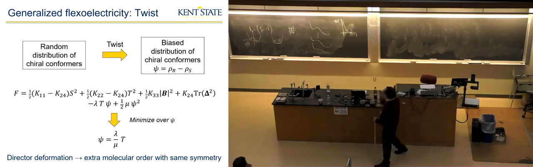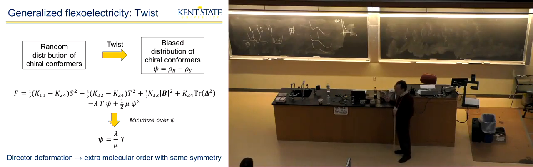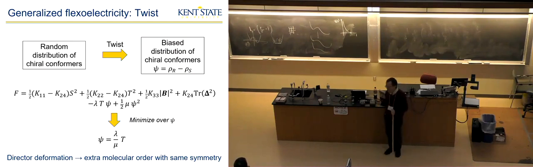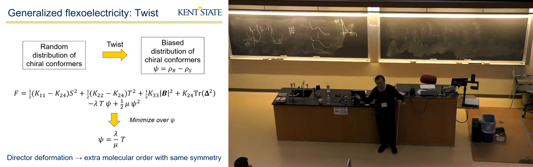Okay. So suppose you apply a twist deformation. Maybe you're starting with a system that has a random distribution of chiral conformers, right? So you have molecules. Maybe the molecules are not chiral the way an organic chemist would manufacture them, but they can adopt chiral conformations, which are different, right-handed versus left-handed. If you put them in a twisted environment, then they'll respond to that.